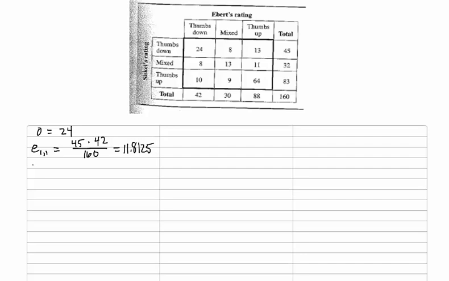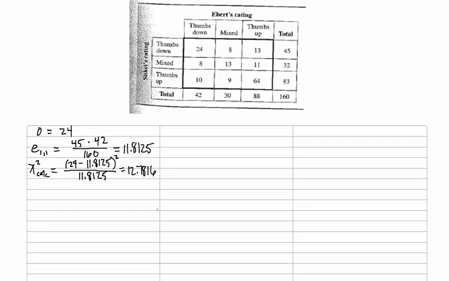And now our test statistic for row 1, column 1 is going to be chi-squared calc equal to the observed value, which was 24, minus the expected value, which was 11.8125, squared and divided by the expected value, which was 11.8125, and this is equal to 12.7816.